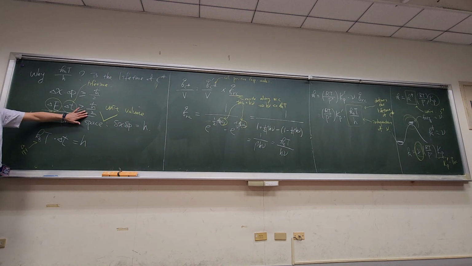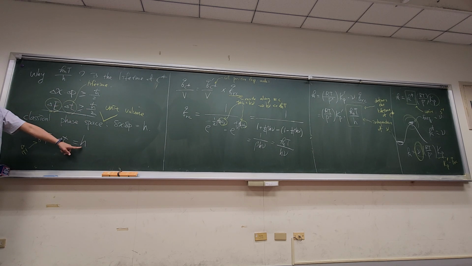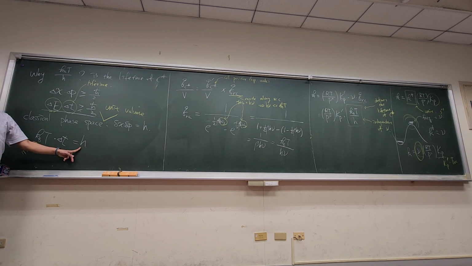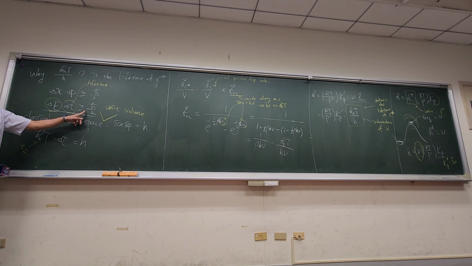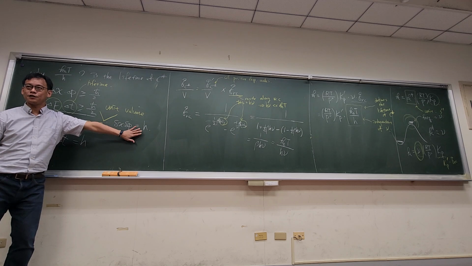From here, you will say, okay, this is h bar, which is h over 2 pi, and certainly it's something smaller than h. But also in quantum mechanics, you know that only in very few scenarios you can have a state that exactly matches this. In most cases, it's greater than this. And now I'm going to adopt this value, h, here.